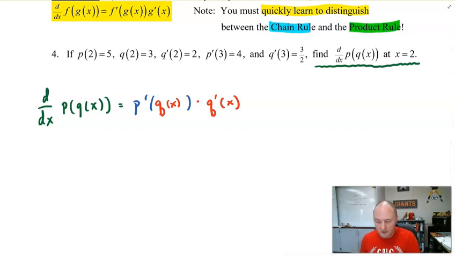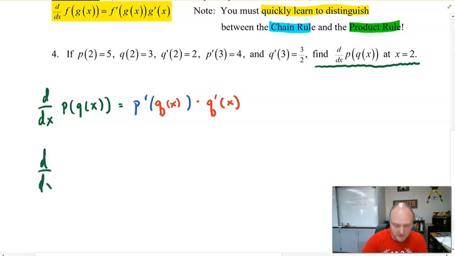Well now they want the derivative at x equals 2. So we're going to evaluate at 2. All right, so I'm going to rewrite this. d/dx of p of q of x evaluated at x equals 2.